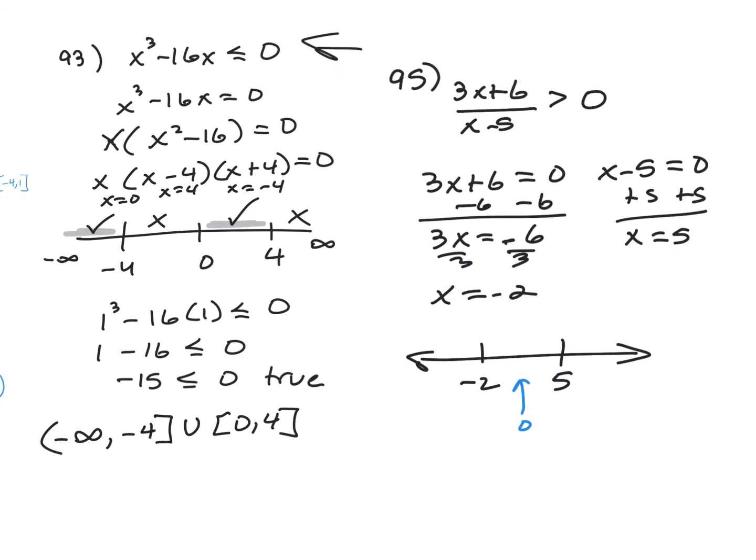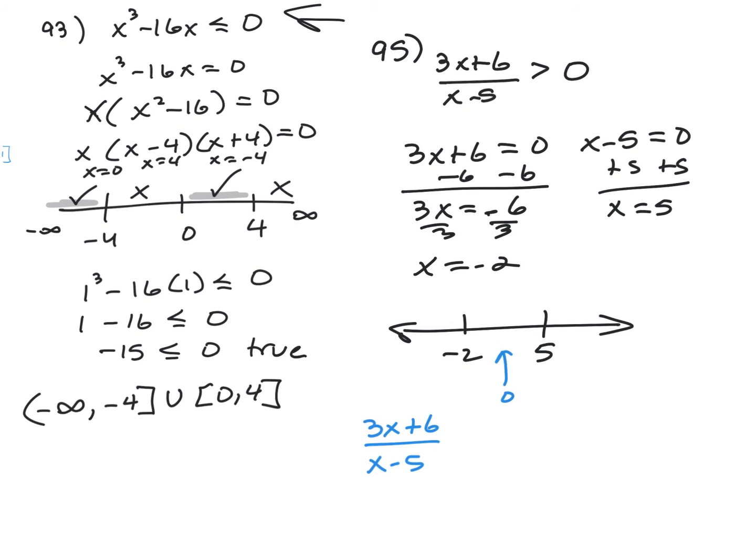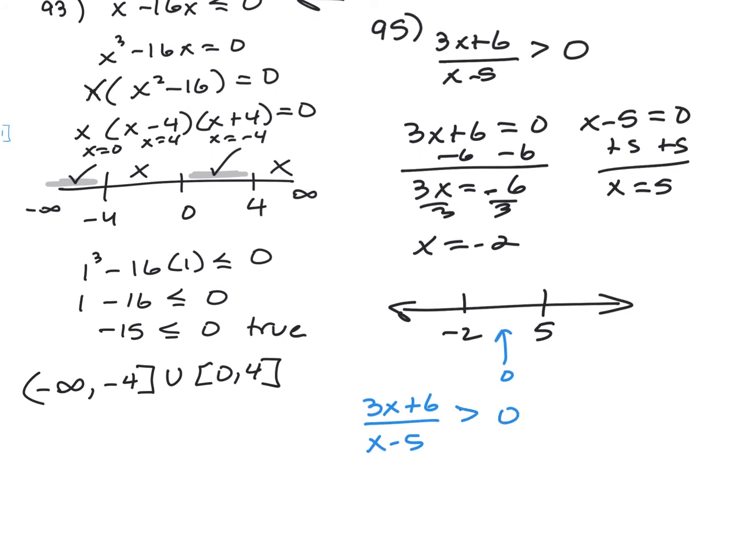So I have 3x plus 6 over x minus 5, again greater than 0. So this will become 3 times 0 plus 6 over 0 minus 5, which is 6 over negative 5. This is a false statement.